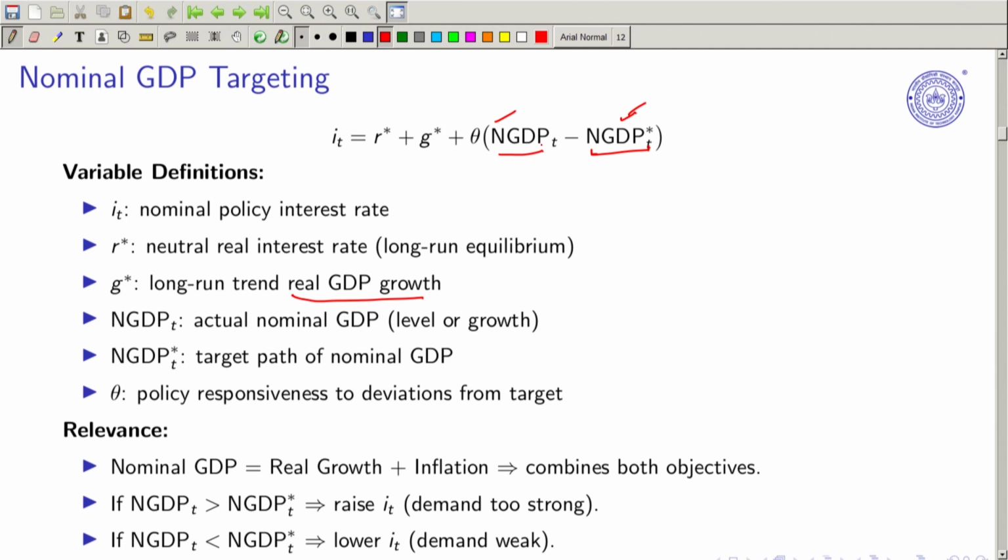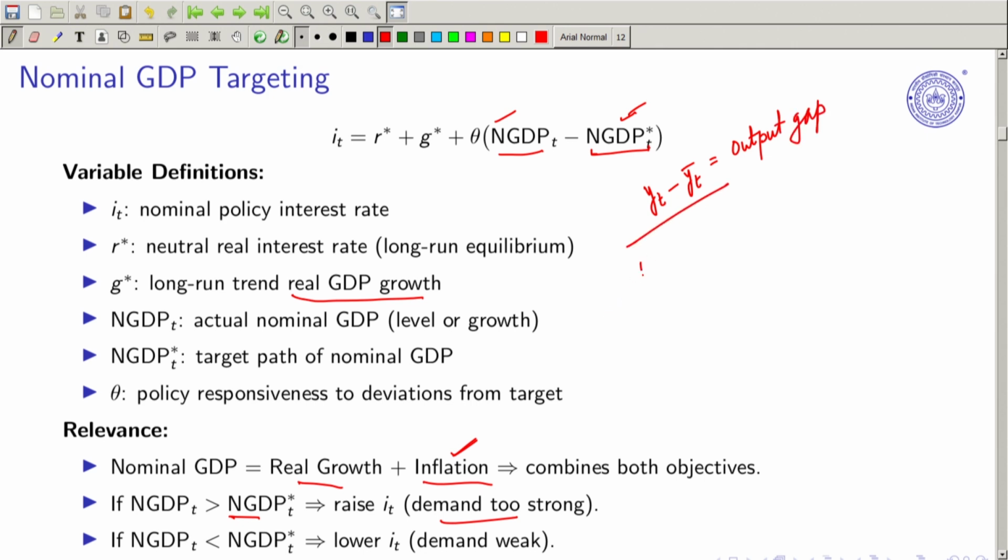Nominal GDP, what we normally know, is the real GDP growth plus the inflation, right? So this is what it gives. It means that automatically you have inflation considered once you consider the nominal. If the nominal GDP is greater than the target, it means that it creates some kind of high inflation scenario. It is the same as what we discussed with the output gap, right?